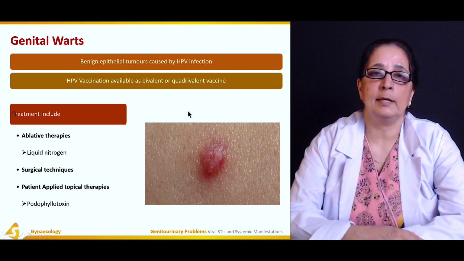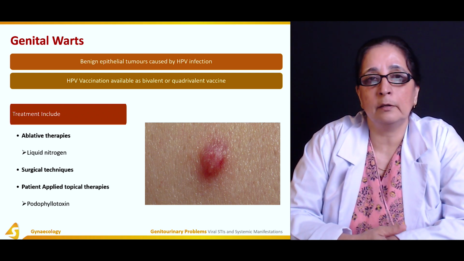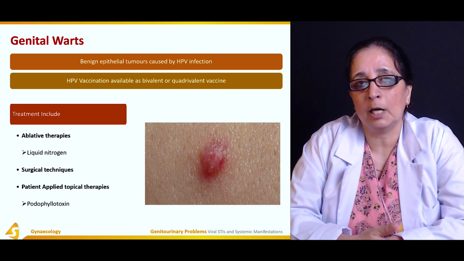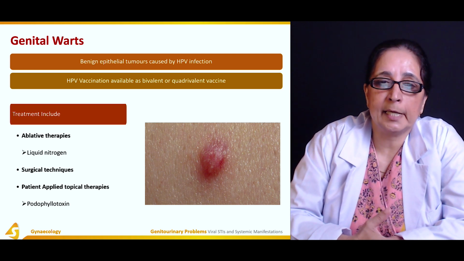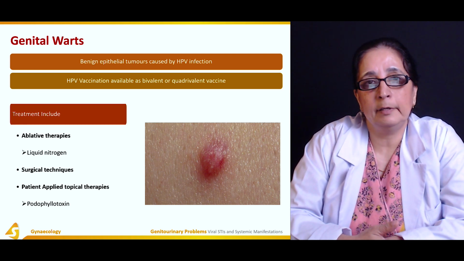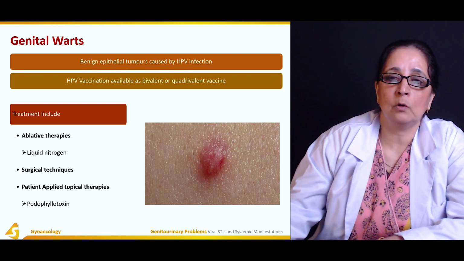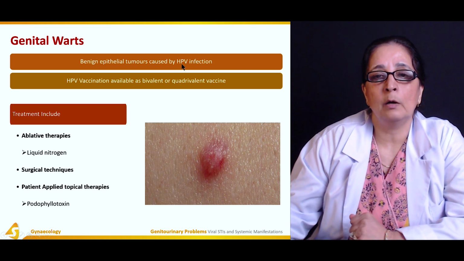And human papilloma virus infection is also a cause of cervical cancer. Cervical cancers are very common in young age, and in females who have multiple sex partners, cervical cancers are common, and those are caused by the HPV or human papilloma virus.